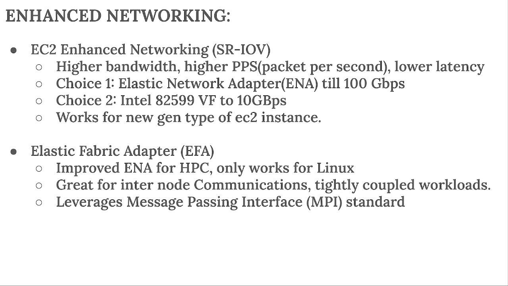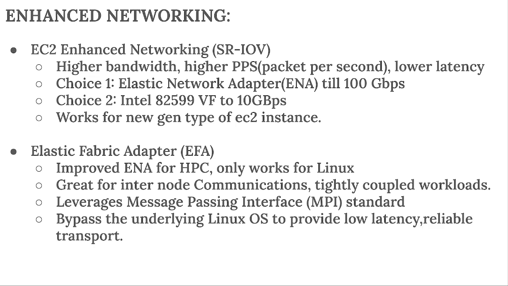Okay, and the idea is that Elastic Fabric Adapter has higher performance because our EC2 instances are talking with one another, and so it will bypass the underlying Linux OS to provide low latency, reliable transport. So this is all we have now for theory.